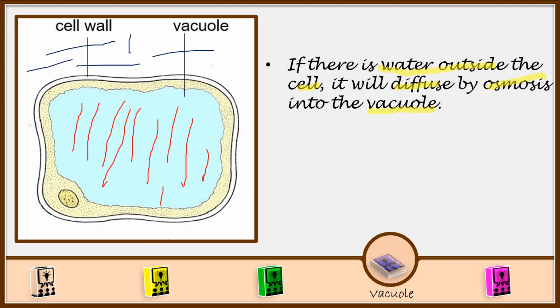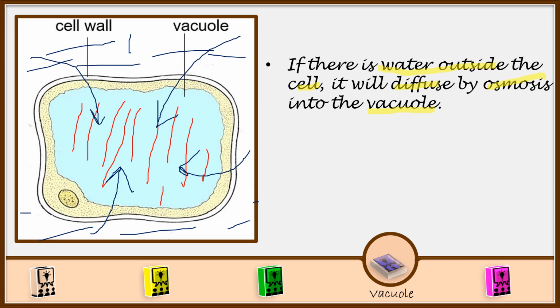The concentration outside the cell is low and the concentration inside the cell is high. This is going to force water to enter the cell vacuole by osmosis, moving from a region of high water concentration to a region of low water concentration, or from a region of low concentration to a region of high concentration of salts.